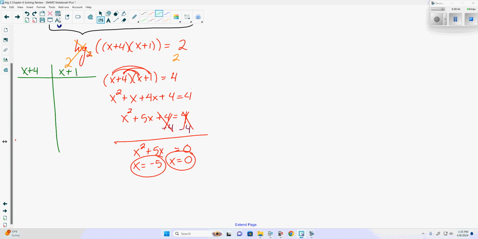Now, since we did get two solutions, we need to check them, make sure they work. It could be that both work, it could be that one works, and on the test, it will not be the case that neither works. Now, we could do -5 first. -5 plus 4 is -1. Do we even need to really try the other side with -5? No, because if one doesn't work, the other one's not going to work.